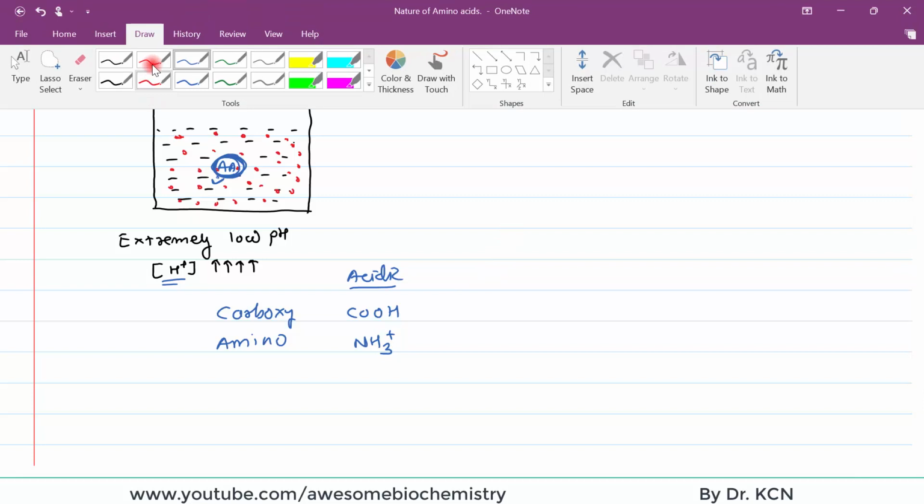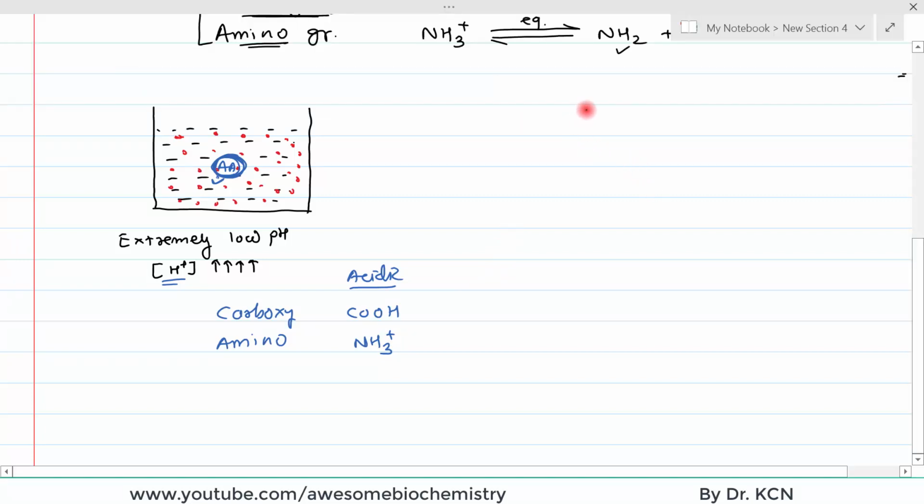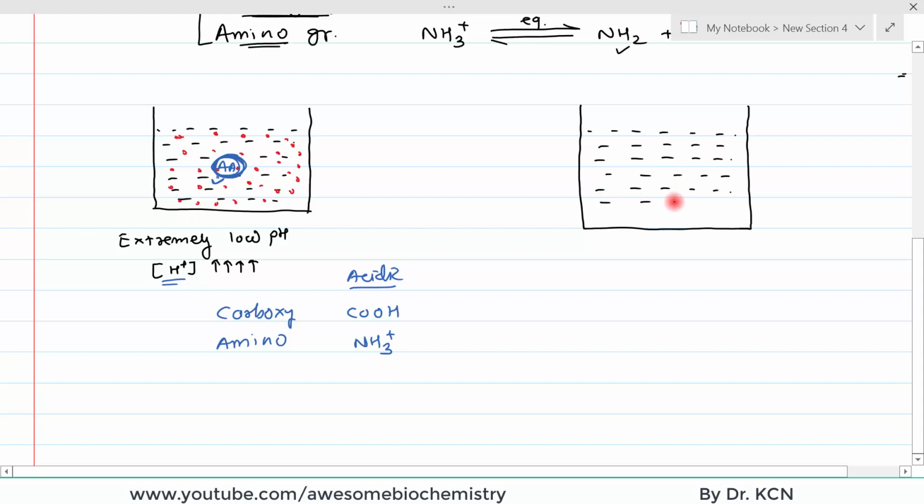Now let's create a reverse situation. In this beaker, again a solution is filled up, and this solution's pH is very, very high. It is an extremely high pH.